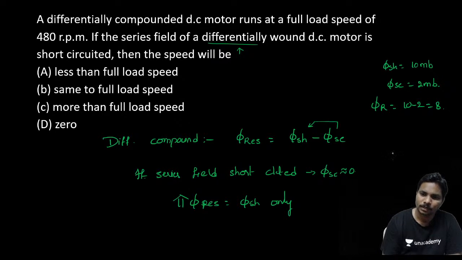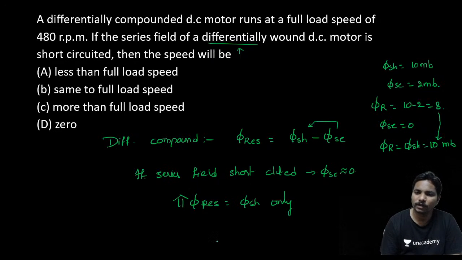If the series field flux is equal to 0 because of the short circuit, then φr is only φsh, equal to 10. That means from 8 milliweber to 10 milliweber, the resultant flux increases now.